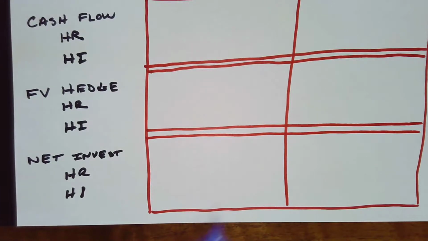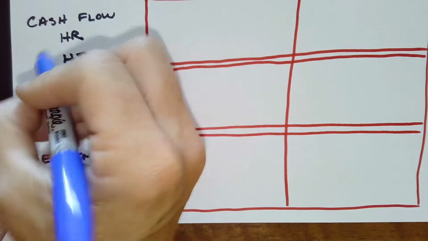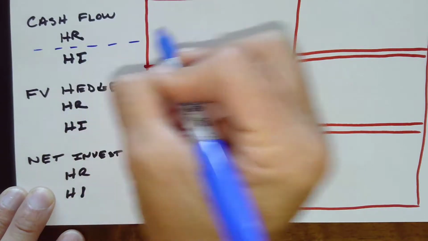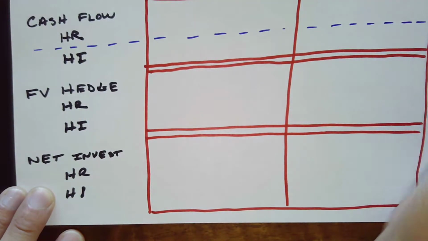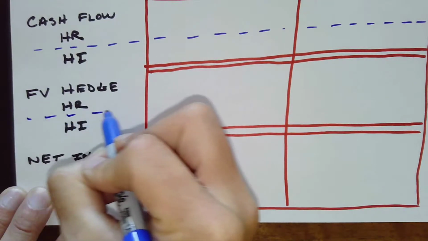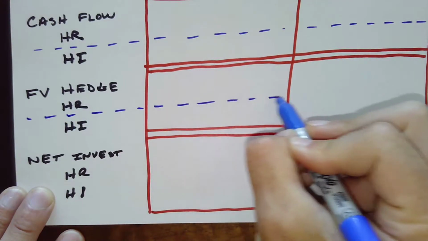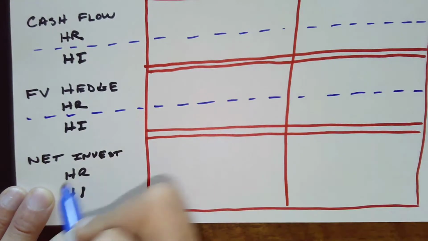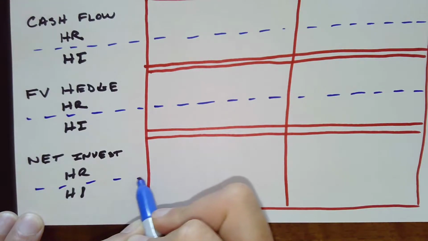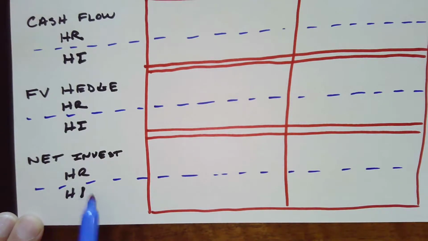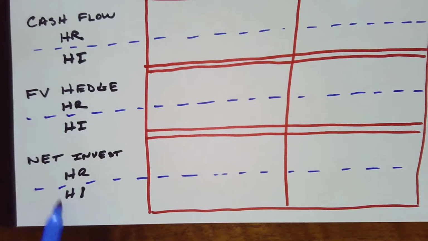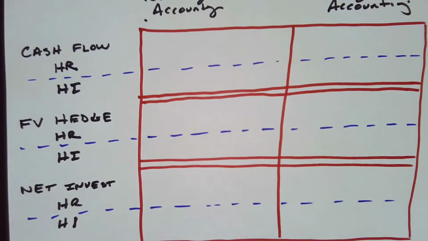And we want to make sure that we kind of separate out the accounting for the hedge risk versus the hedging instrument, which is a derivative. And in this particular case, it doesn't always have to be a derivative, but in this particular case, we're dealing with it's got to be a derivative, even in the net investment hedge. Okay?